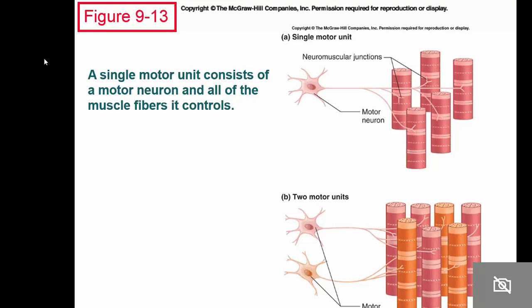So what we're seeing here is these would be considered very small motor units, tiny, right? 4 or 5 muscle cells. So when this motor neuron fires an action potential, all of the muscle cells that are attached to that motor neuron fire simultaneously. It's all or none. So not only is the action potential here all or none, but the activation of everything that's attached to it is all or none too.